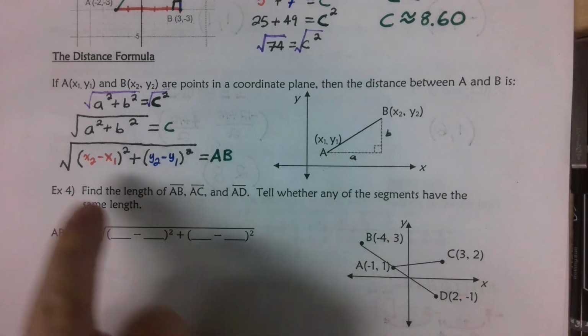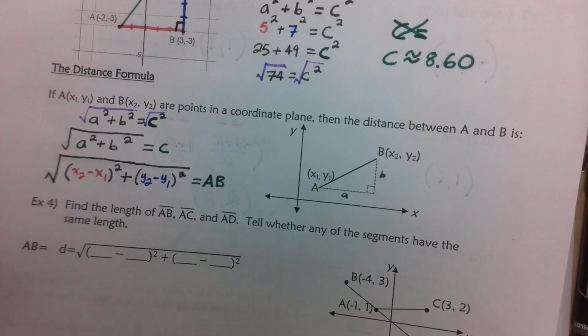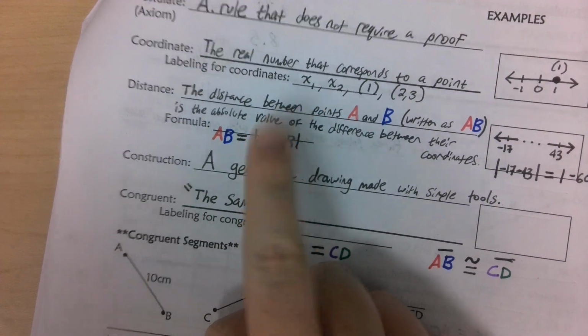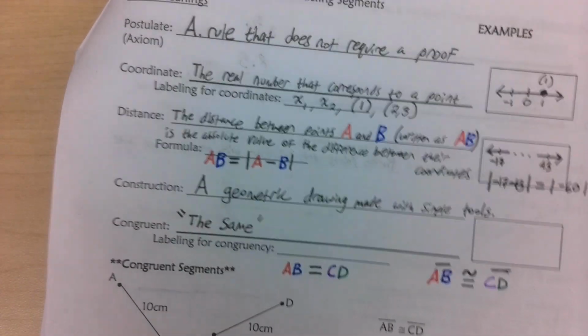Believe it or not, this crazy looking formula is something that we can use. Now you might say, Mr. Strager, what happened to the absolute value? I remember back in section 1.2, right over here, you talked a lot about the absolute value. You're absolutely right. But there's a fun trick that we can do in math.